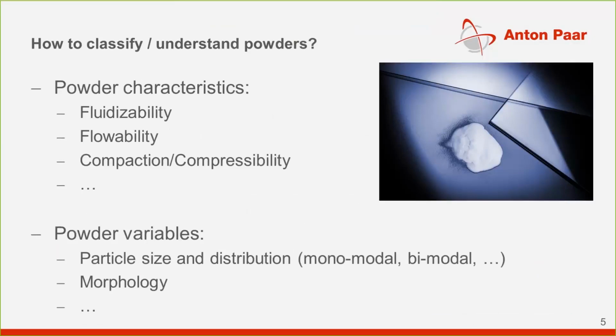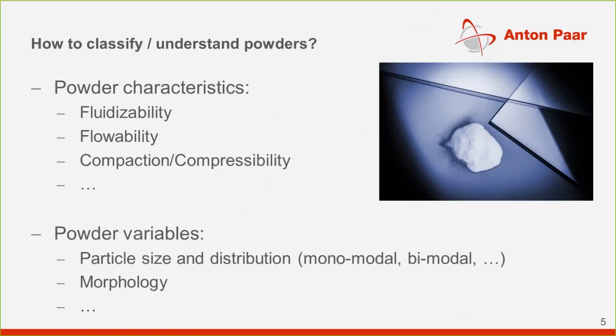One is to look at the characteristics, so how does the powder behave itself, how does it fluidize, how does it flow, how does it compact. Another way is to look at the properties, the variables of the powders. So to look at the particle size, the distribution, if they're monomodal, bimodal, what their morphology looks like, and so on.